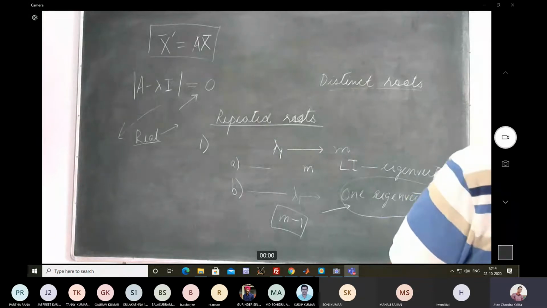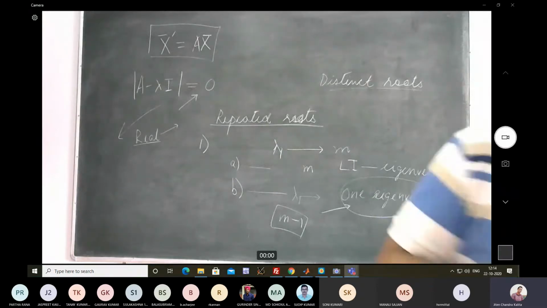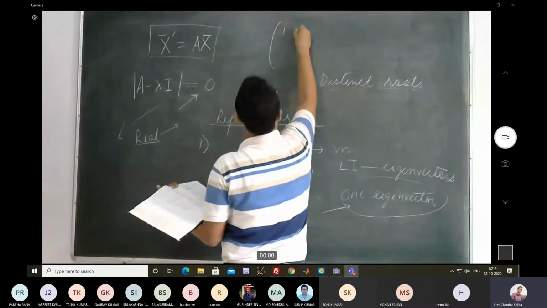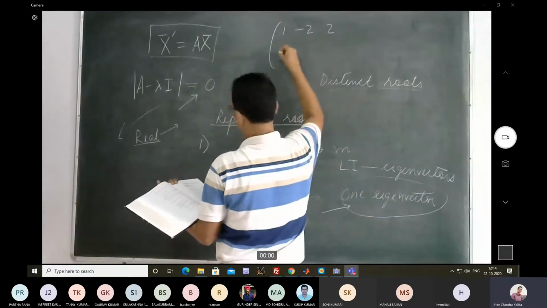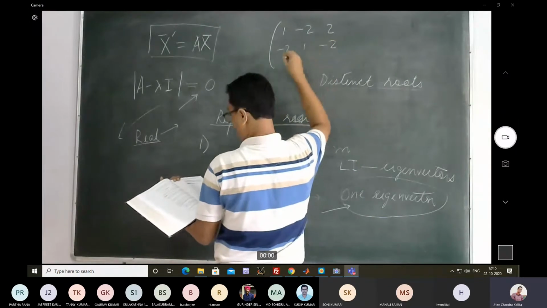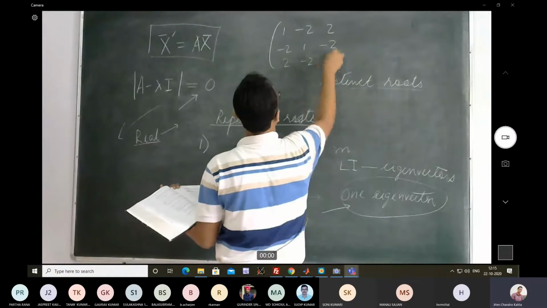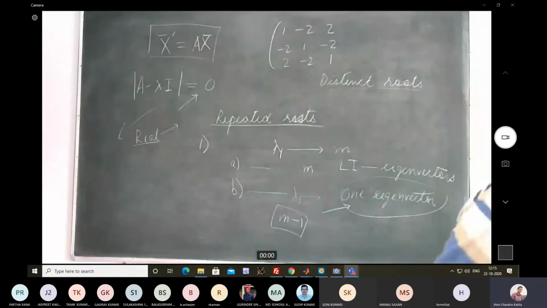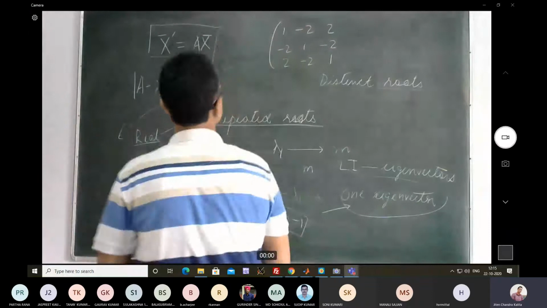Okay, so let us take this example: the matrix with rows 1, -2, -2; -2, 1, -2; -2, -2, 1. Already, probably you can see that there is some kind of pattern here.